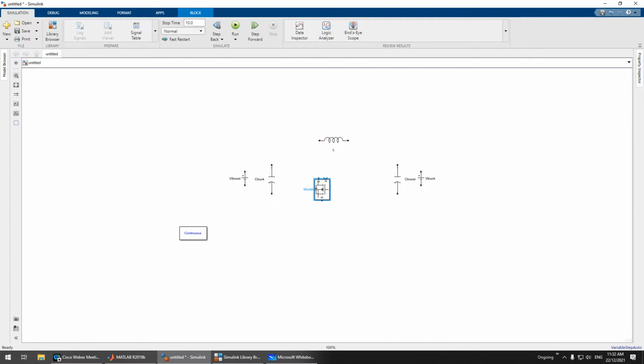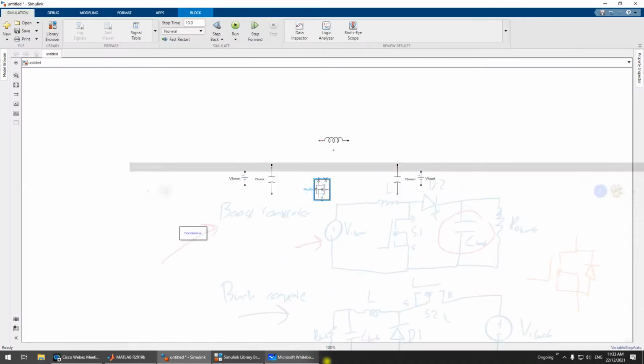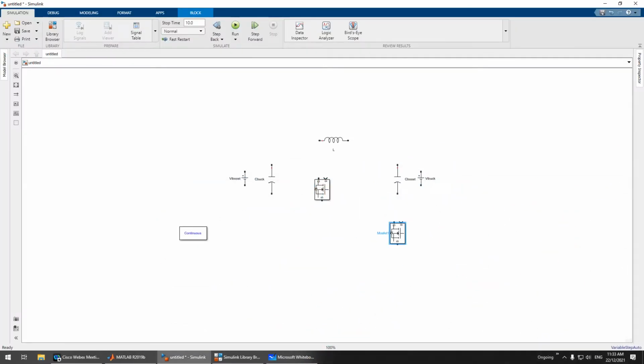Make sure the drain and source are correct. So you can see here the drain and source, and drain and source. Make sure you use the correct location. So this one is S1 and this one is S2. So S1 drain source, S2 drain source.